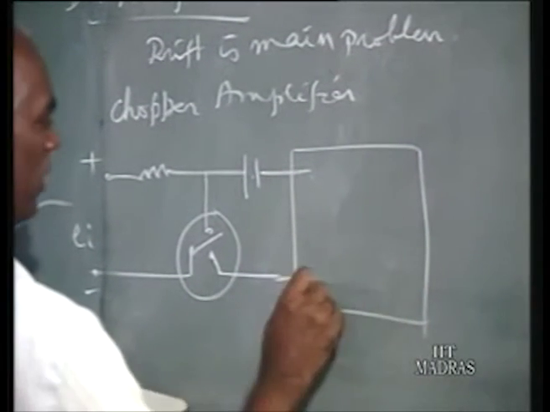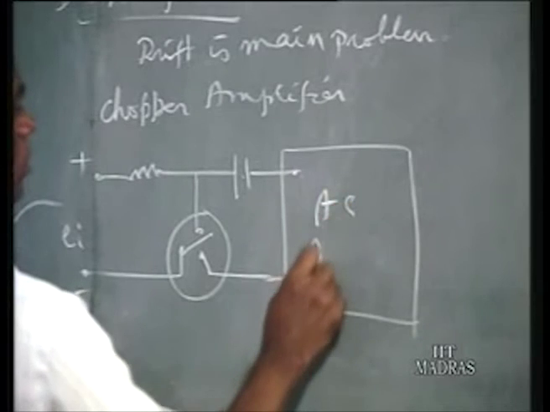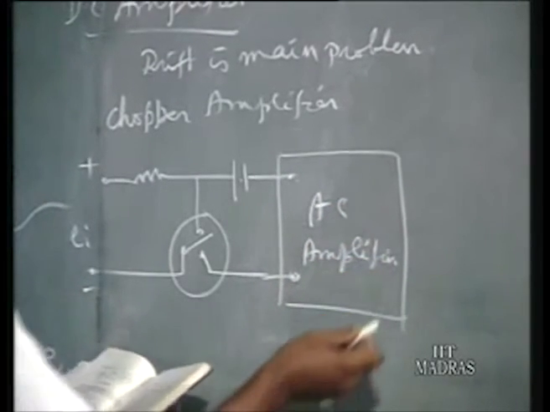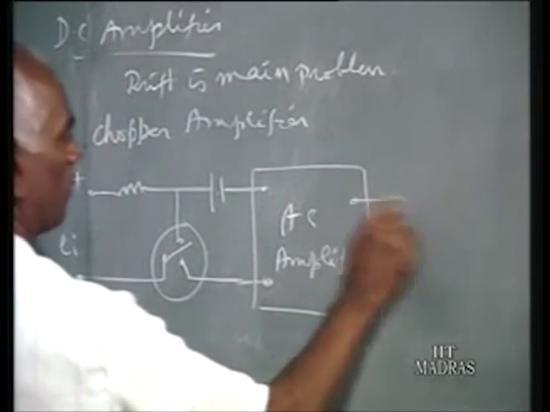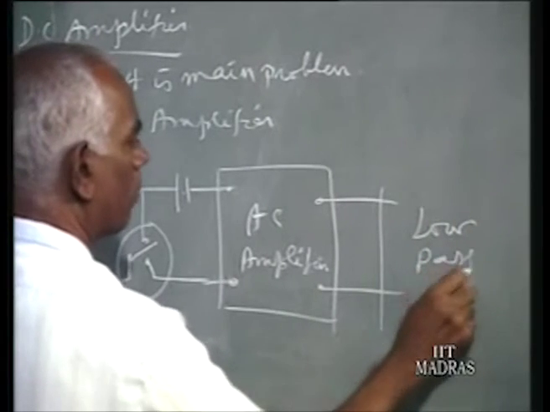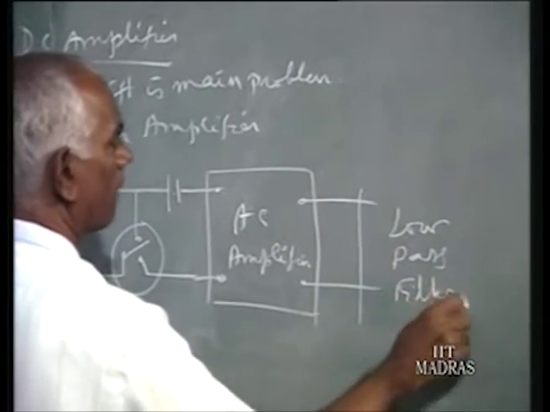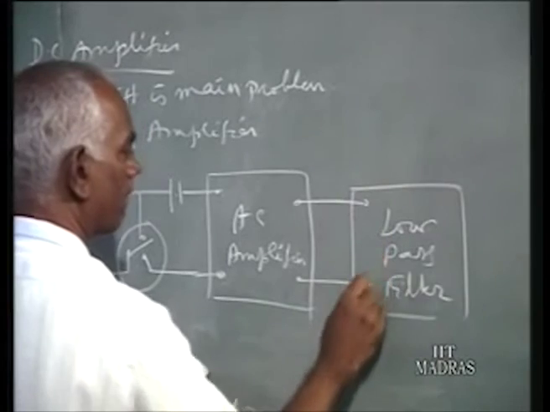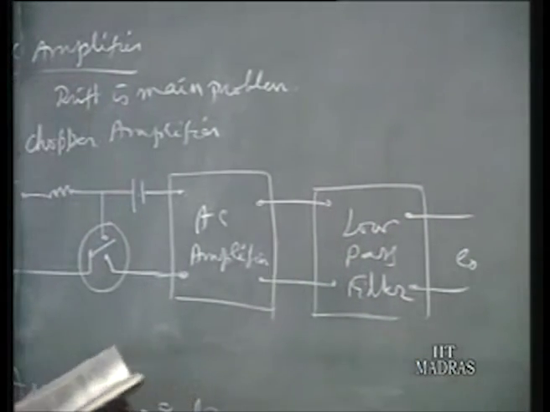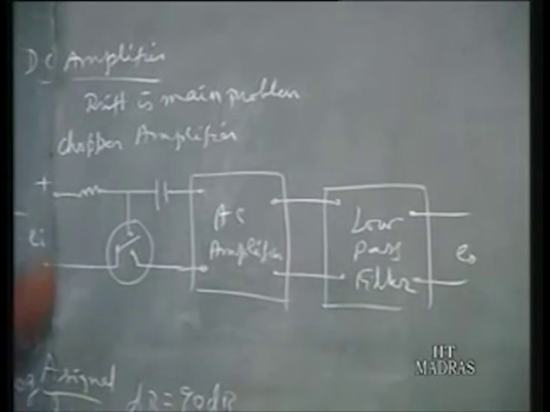This is the AC amplifier, and a low pass filter. From the low pass filter we get the output signal EO. This is a chopper amplifier.